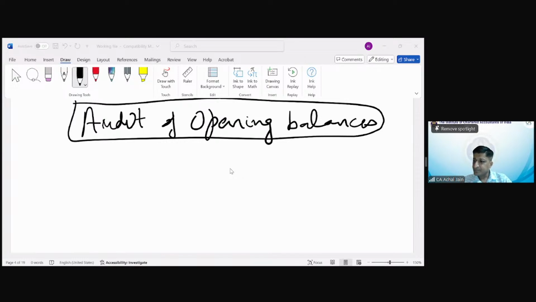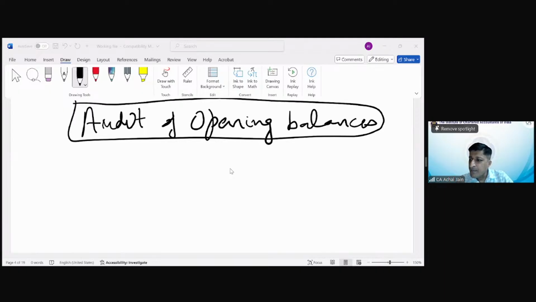And the missing items, maybe after auditing, the client might miss recording some entries. Anyone else? Yes, please go ahead.